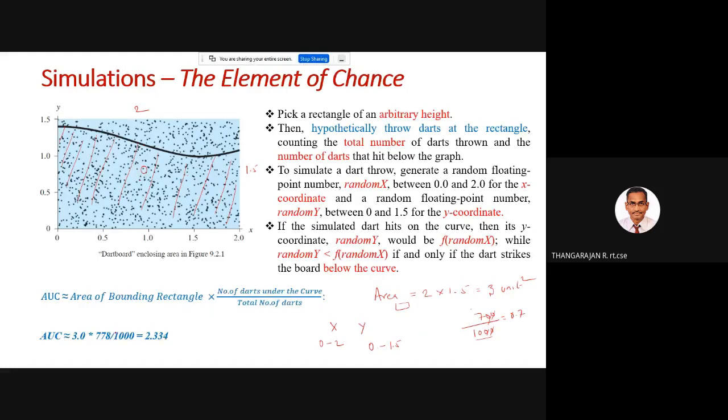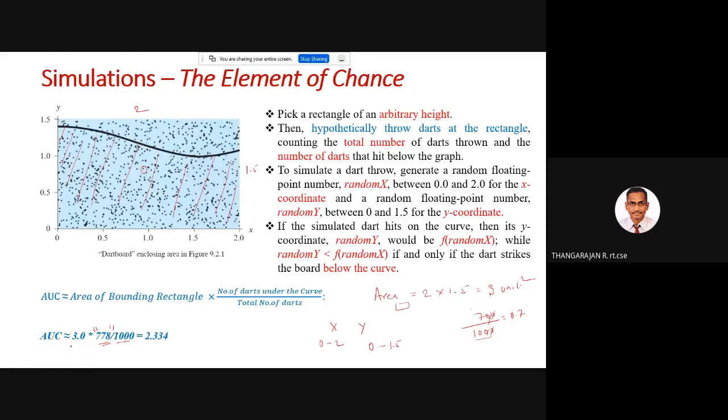For example, here I have taken some other value. 778 dots are inside, on and below the curve, and the total number of dots is 1000. In that case, when you divide by 1000, the ratio will be 0.778.